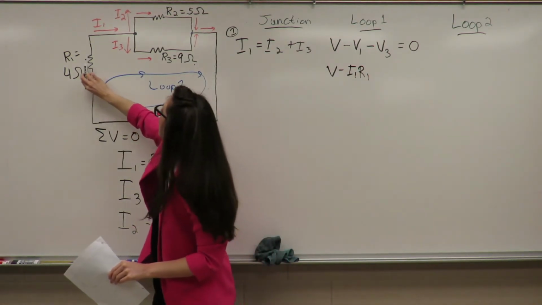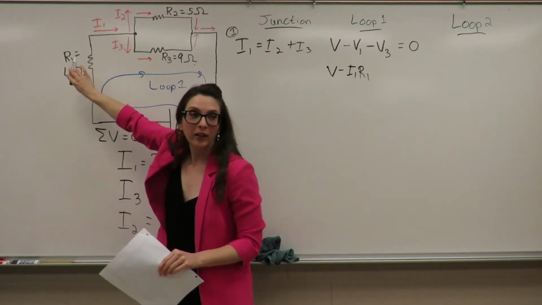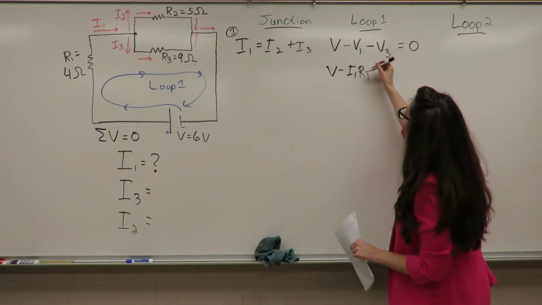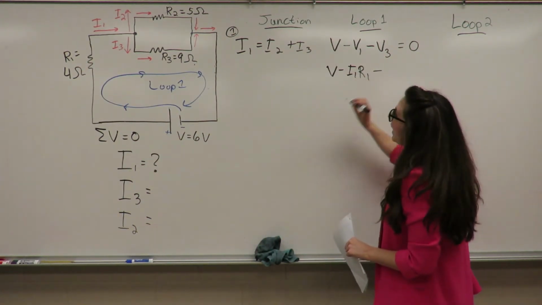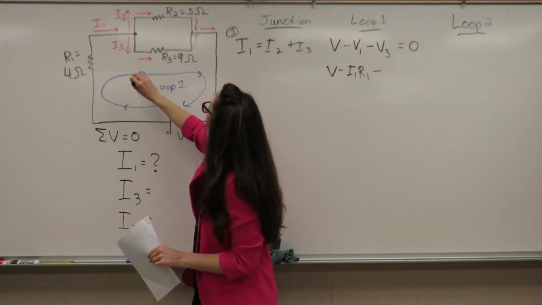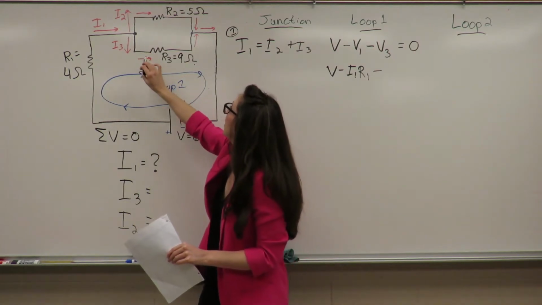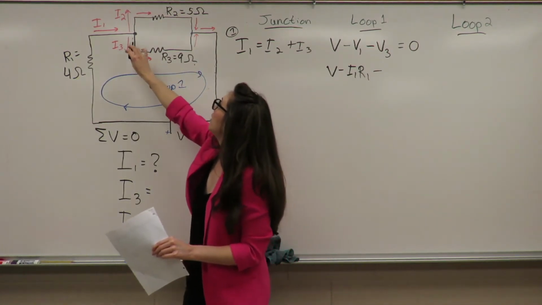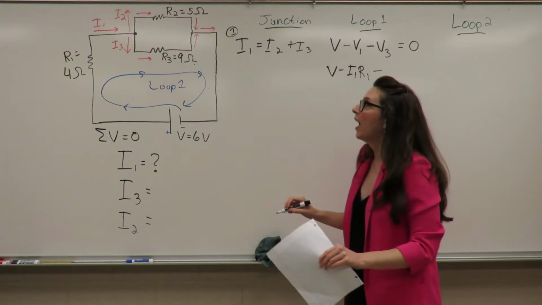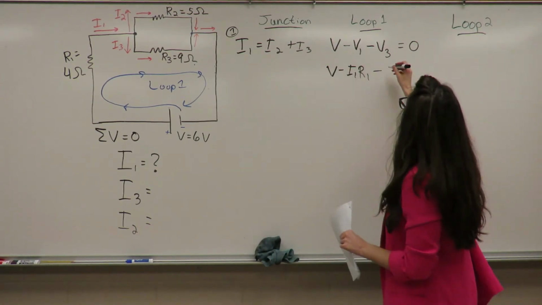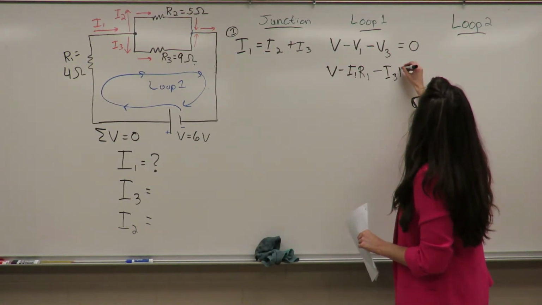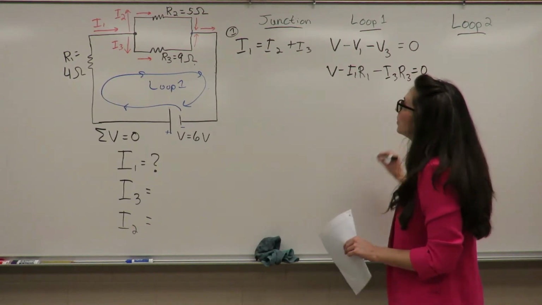So my current running through resistor 1, I called I1 here, so I can replace that with I1 times R1, minus, as I'm following along my loop here, I encounter the junction, and I go through my third resistor. The current through my third resistor I'm calling I3, and so I'm going to write that as minus I3 R3, and that equals 0.